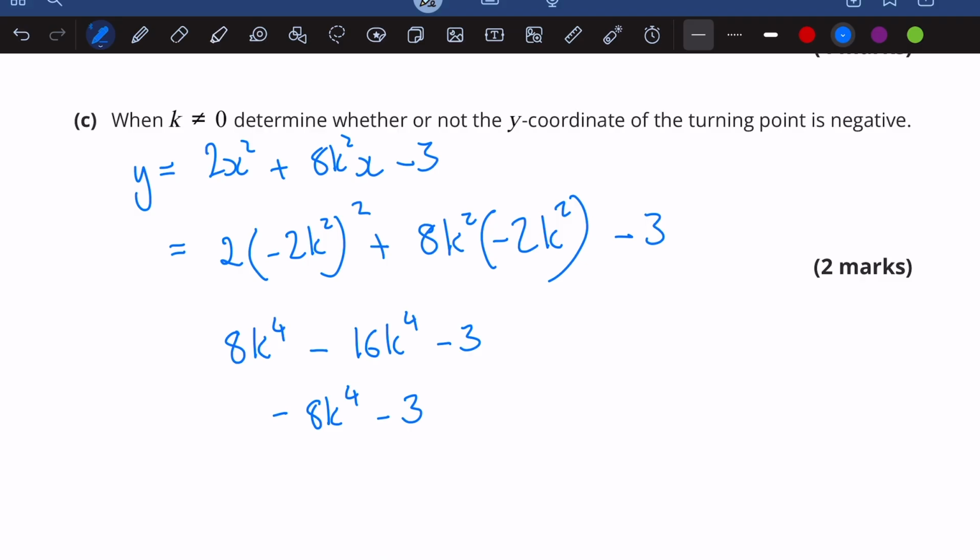Now, we know that k to the 4 is always going to be a positive number, which means that -8 times it must always be negative. And negative take away 3 is still negative. So we know that all of the y coordinates are also going to be negative.